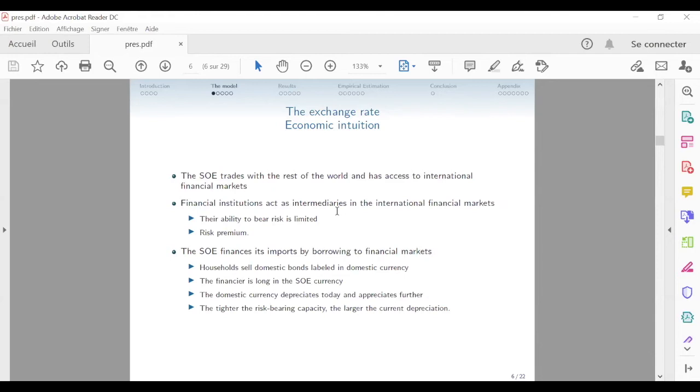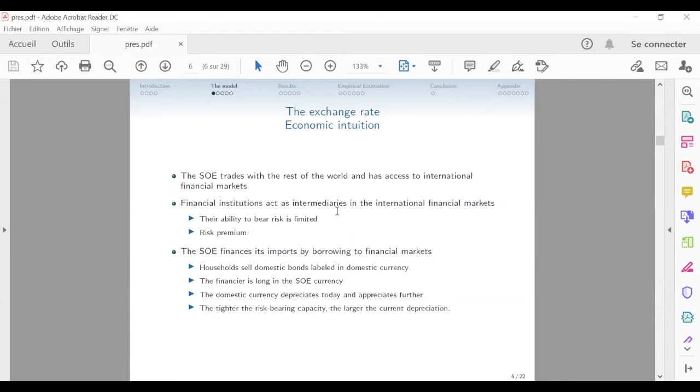Obviously the financier will take the opposite position to the households, and so it will be long in the domestic currency. What happens to the exchange rate here is that it is going to depreciate at first and appreciate further, because the future appreciation will remunerate the financier, who is long in the domestic currency.